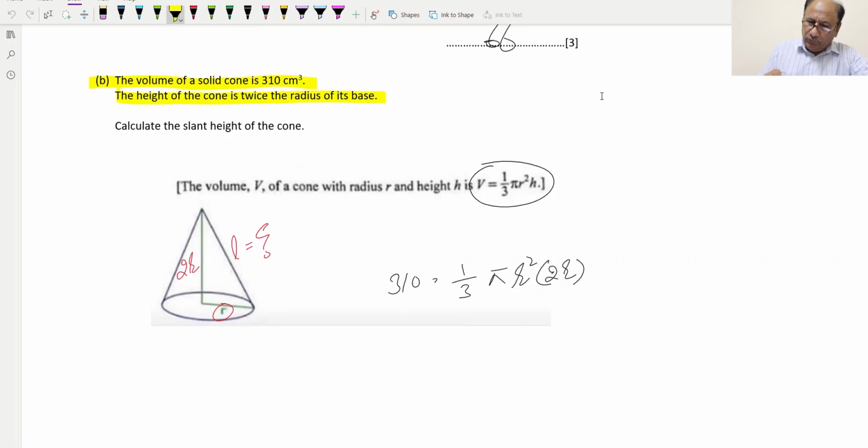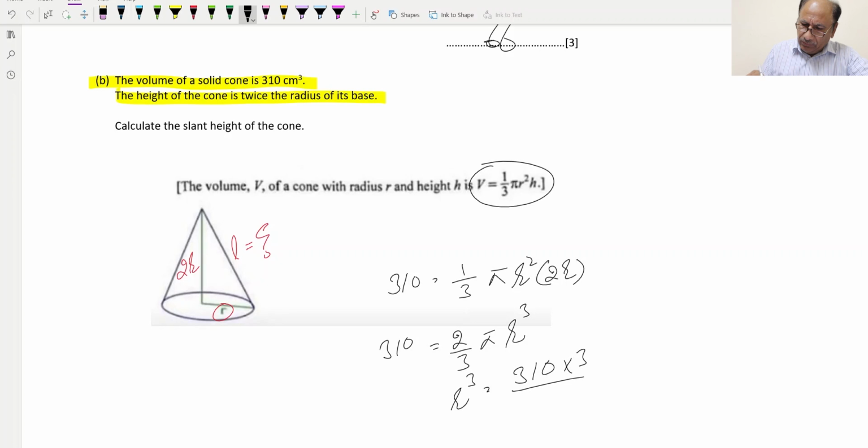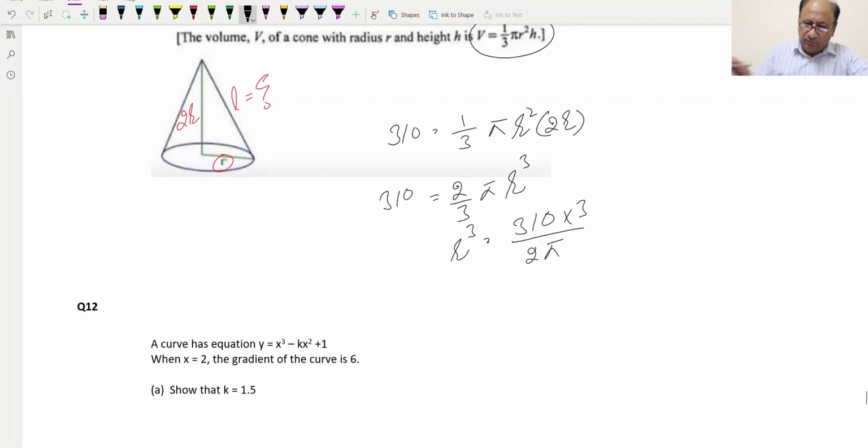Now we can find the value of r, so we can write this as 3. This will be 2 by 3, this 2 and we can combine this, and pi and r cubed is equal to 310, and r cubed will be equal to 310 multiplied by 3 over 2 pi, and we can find the value of r.